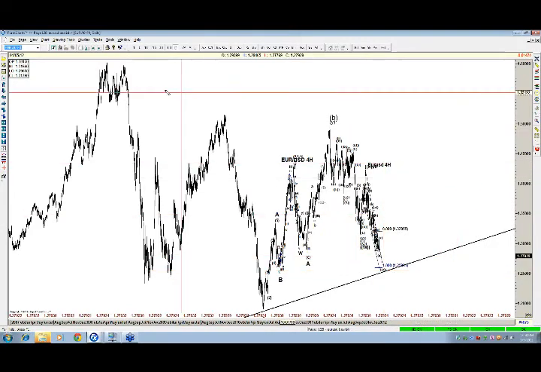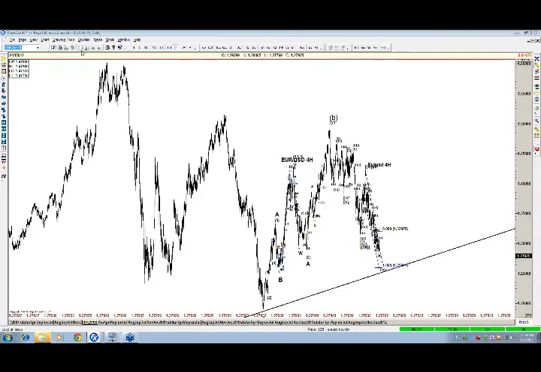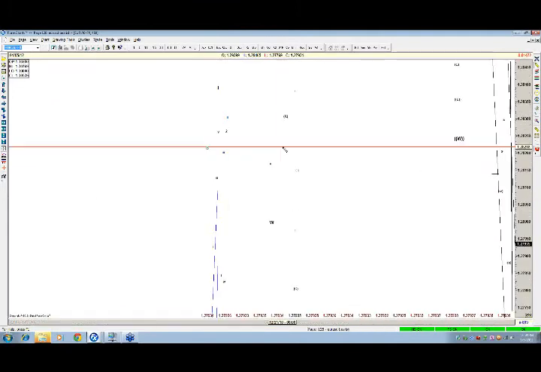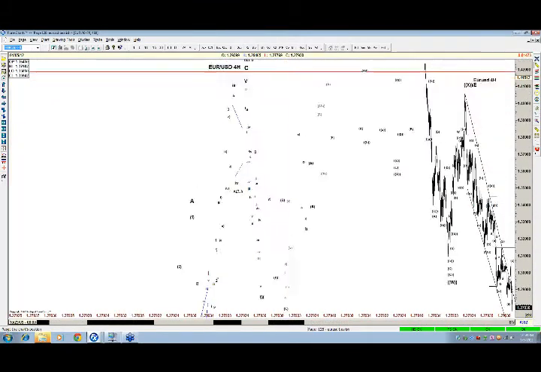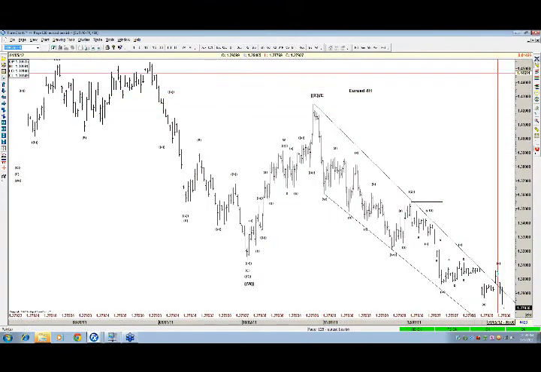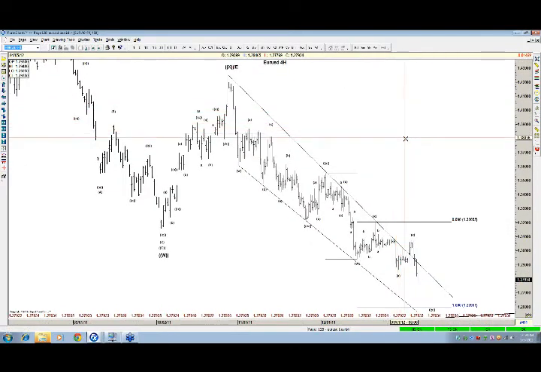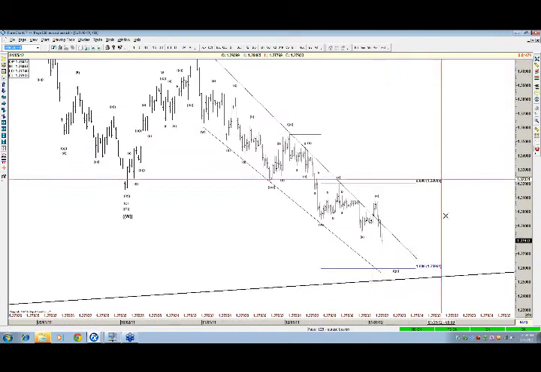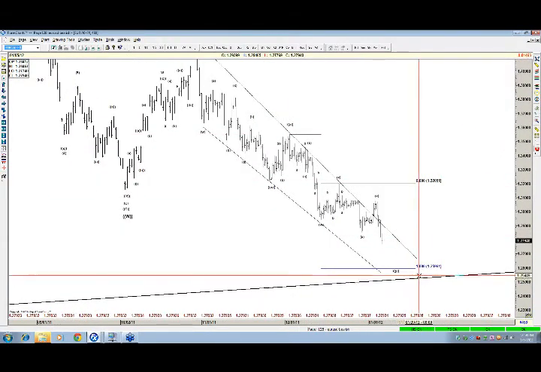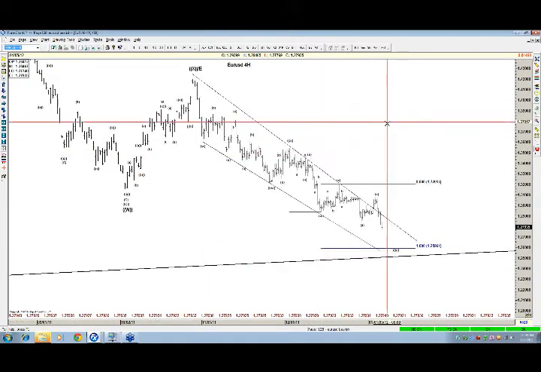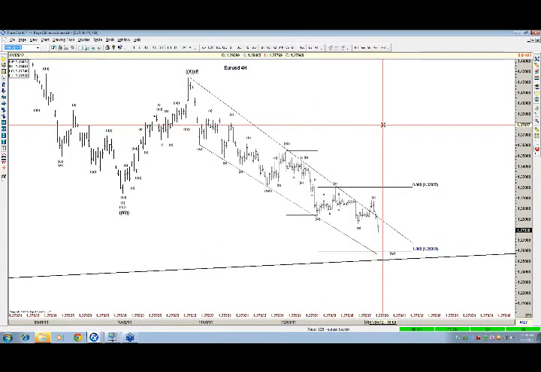It's a long way off. But what I say is that if you take a look at the 8-hour chart, the trend line is right here. So it has a long way to go. I don't say that it needs to test the trend line, don't get me wrong.